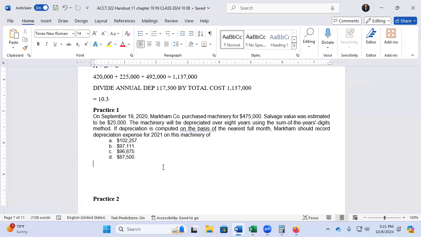All right, so once I kind of show you this, hopefully it'll be a little bit easier and you'll recognize it's all in the details. What's our formula for salvage value? And you have to multiply that by the rate, right? And so the numerator is the number of years remaining.